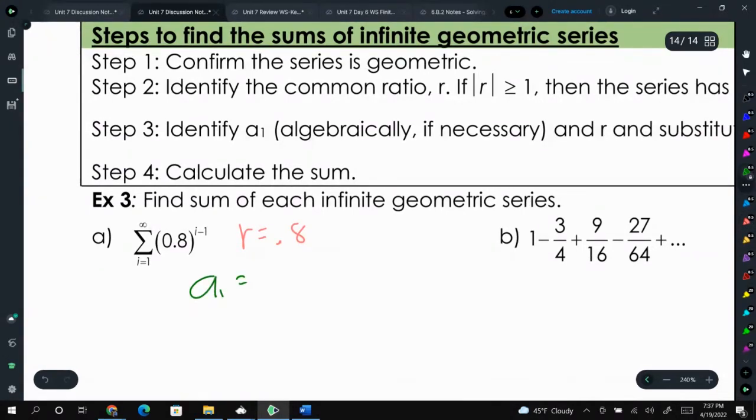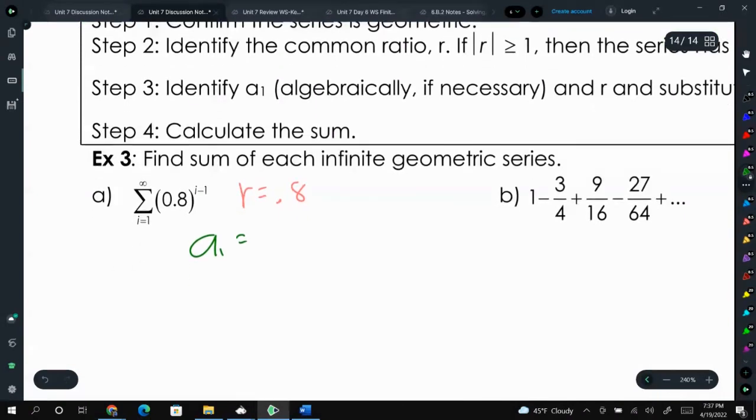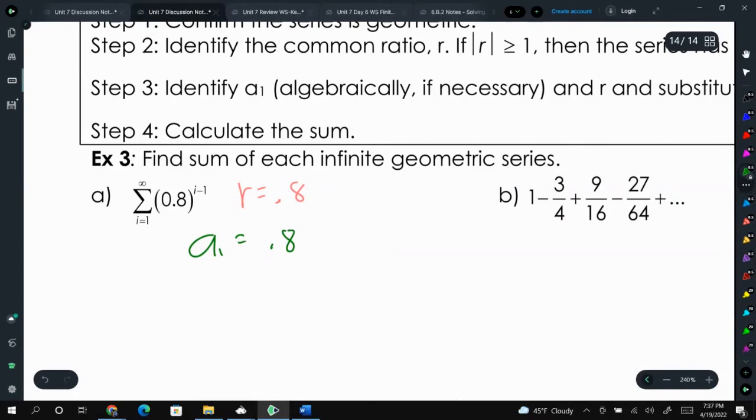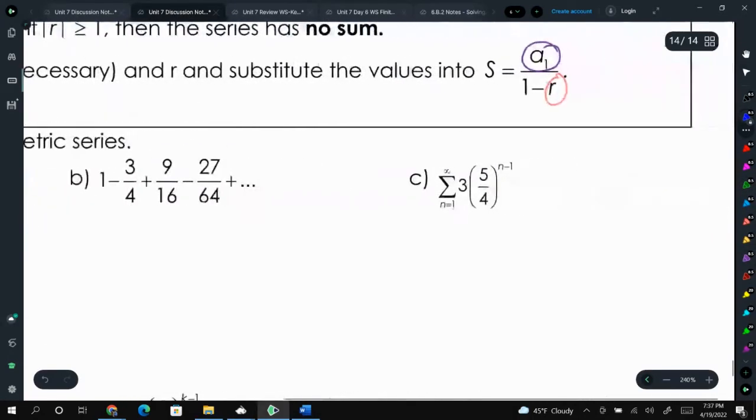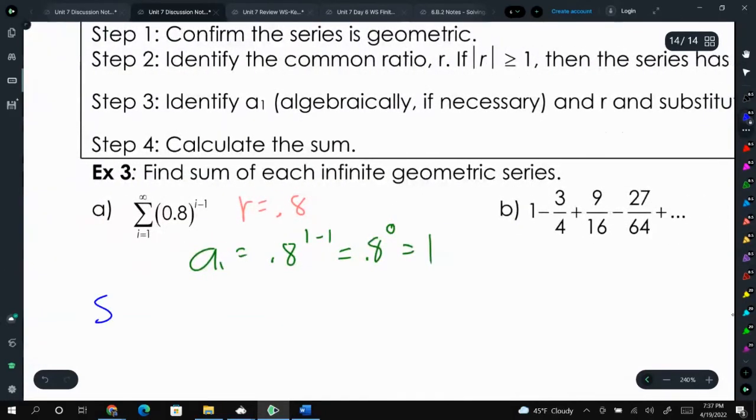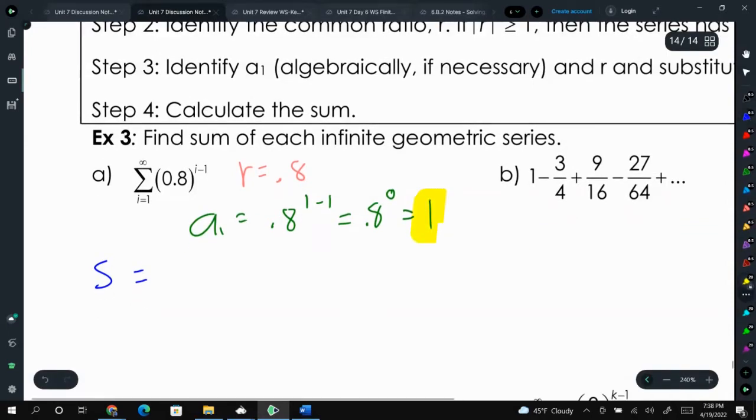The R value is 0.8. A sub 1 is going to be what we get when we plug in 1: 0.8 raised to the 1 minus 1 power, which is 0.8 to the 0 power, and that equals 1. So a sub 1 is 1, the R value is 0.8. Now we're going to use this formula: S is equal to a sub 1, which we calculated as 1, over 1 minus R, and R is 0.8.